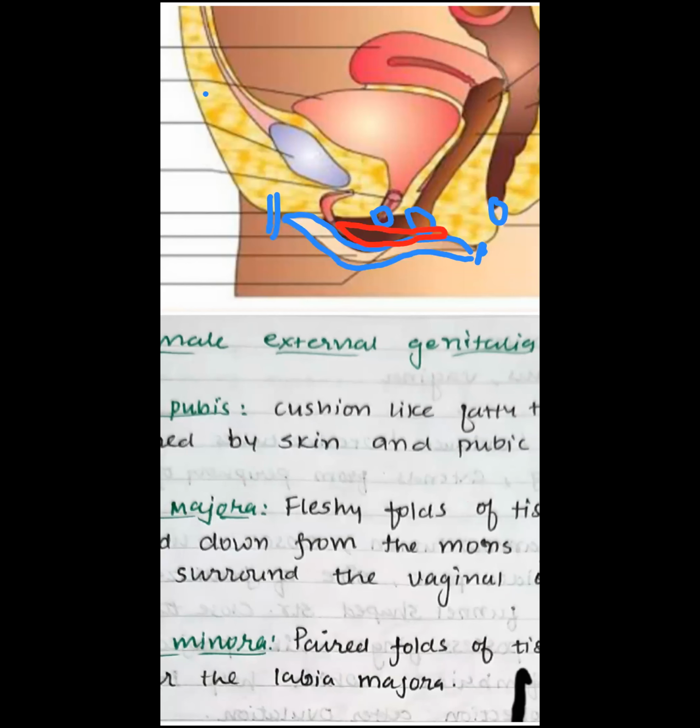These are the paired folds of tissue which lie under the labia majora. These are the two openings close to each other, the vaginal opening and the urethral opening. They are covered with thin folds called labia minora, and they are further covered by the large folds called labia majora, which are comparatively more fleshy in nature.